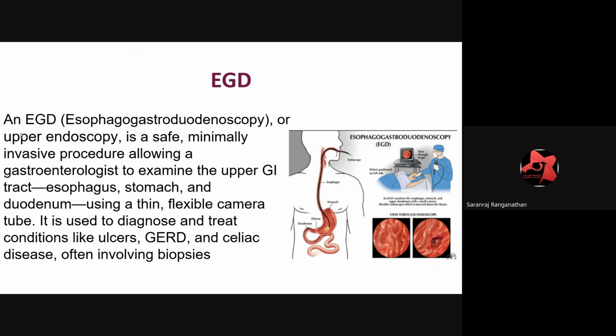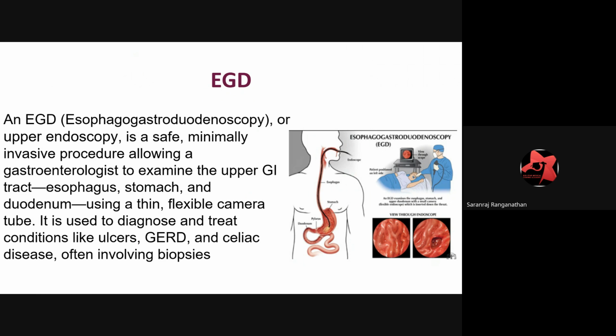So EGD means esophagogastroduodenoscopy, which means through the esophagus they will take the image of the gastric and duodenum and esophagus. Okay, so by using this they will get the image of the esophagus, gastric part and the duodenum part.